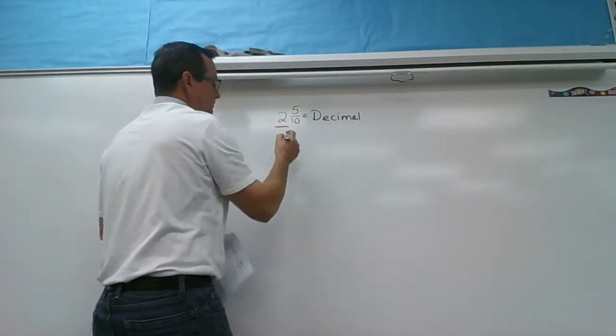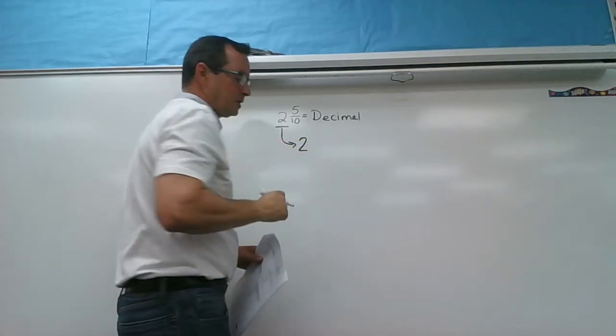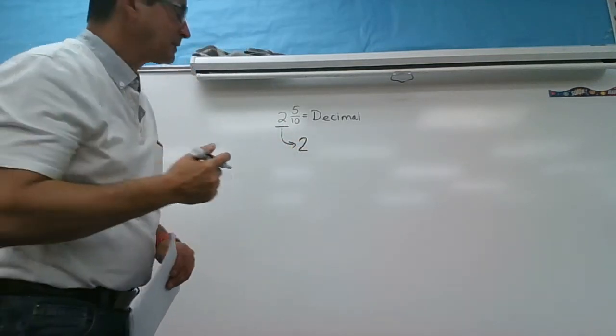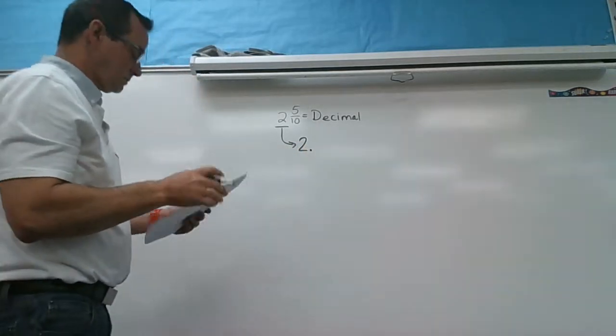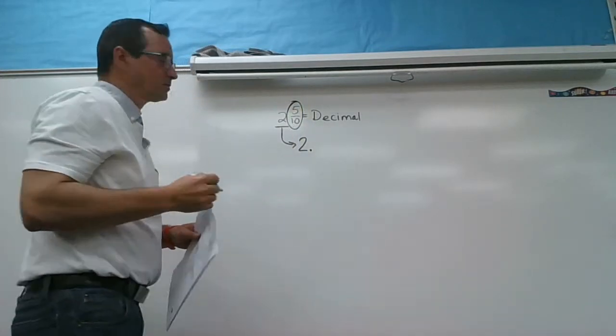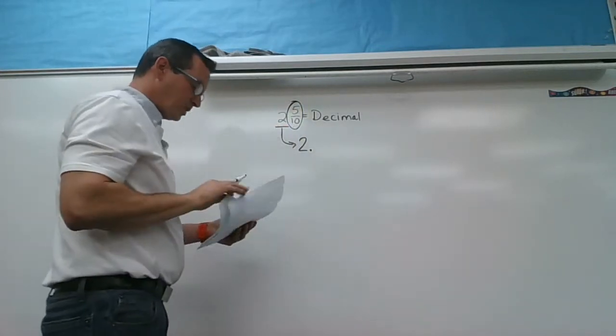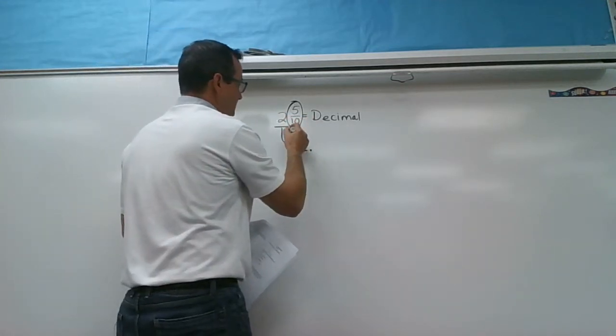We take the whole number and we put 2. And we're taking the whole number 2 and we're adding a decimal right behind that. Now we have to take 5/10 and convert that into decimal. If we remember in our previous problem, on problem number 5, we had 5/10.